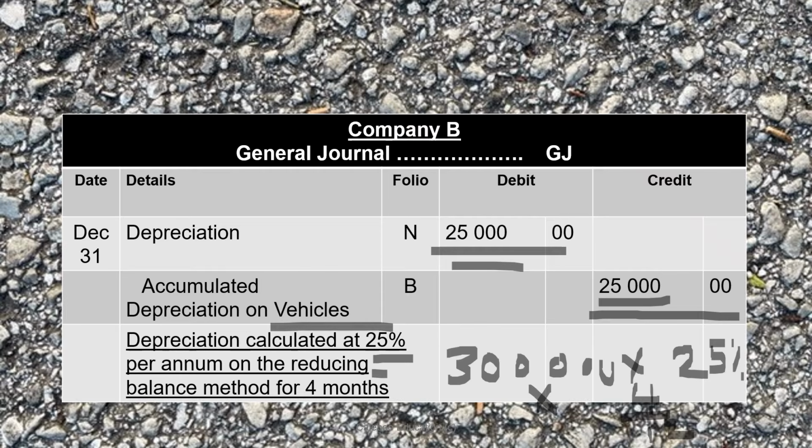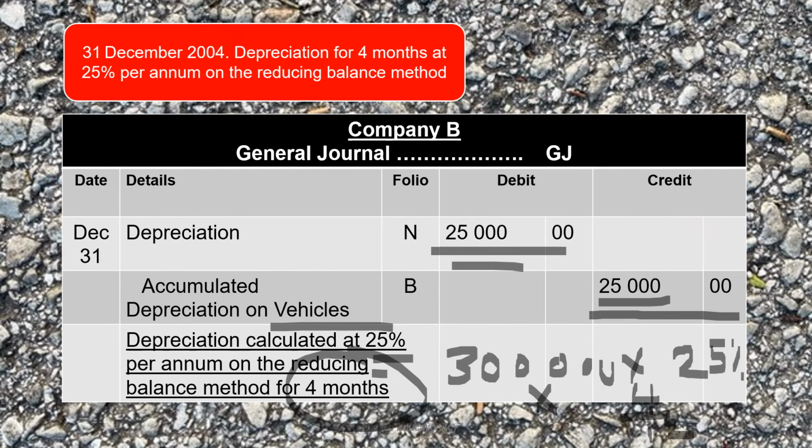We've had the vehicle only for 4 months. That is the depreciation. 31st of December 2004, depreciate for 4 months at 25% per annum using the reducing balance method.